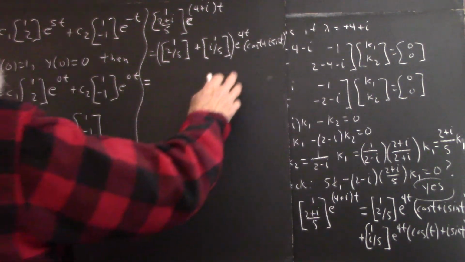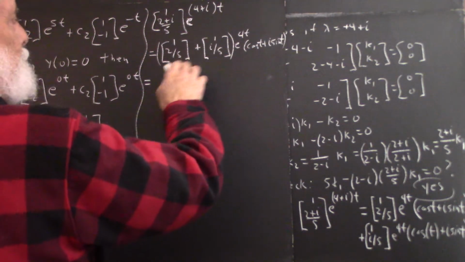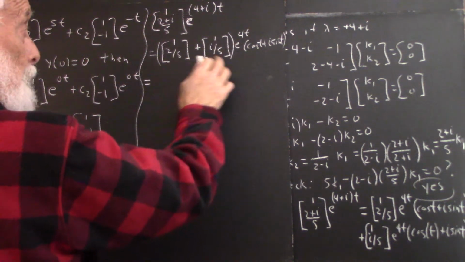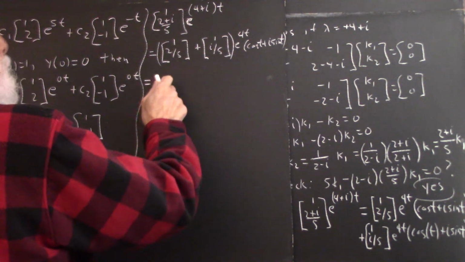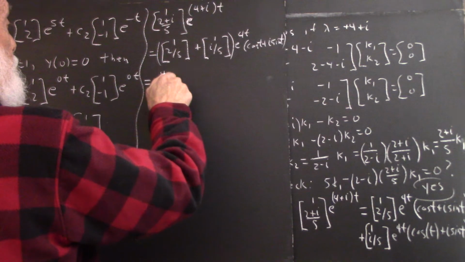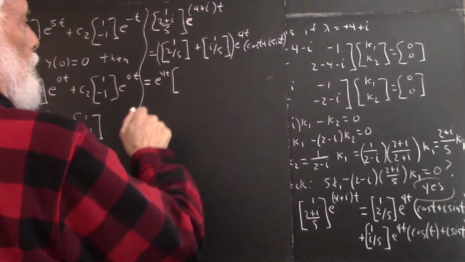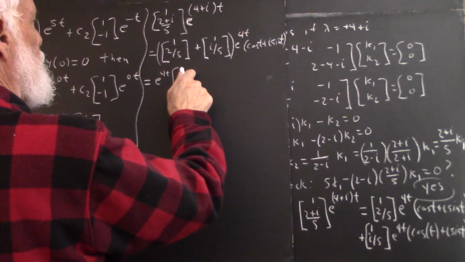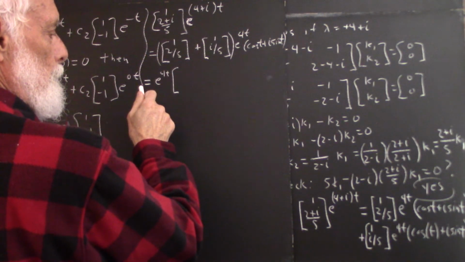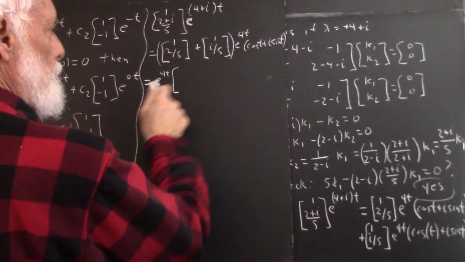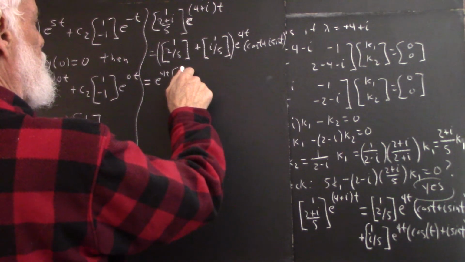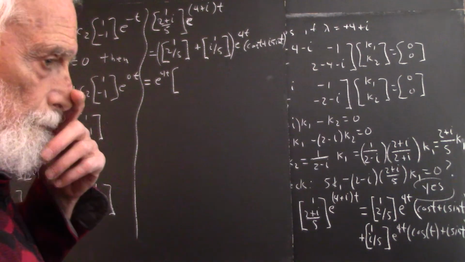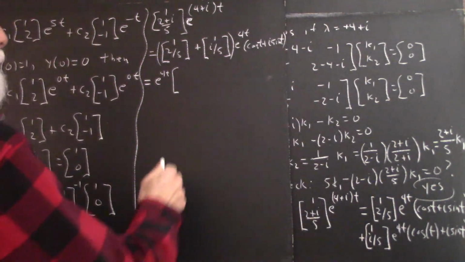If I now multiply this quantity by what's inside of each of these brackets, I get e to the 4t multiplied by, we're a little over time, so I'm going to compress this.